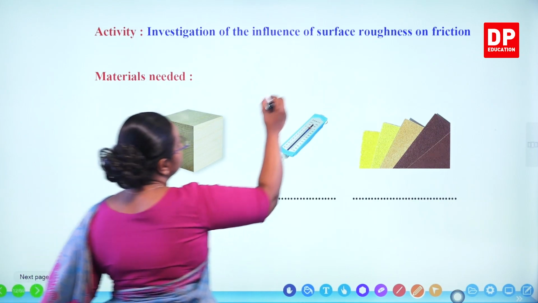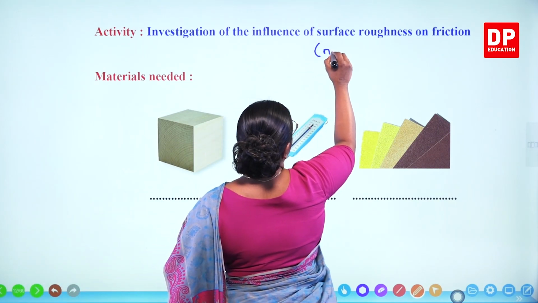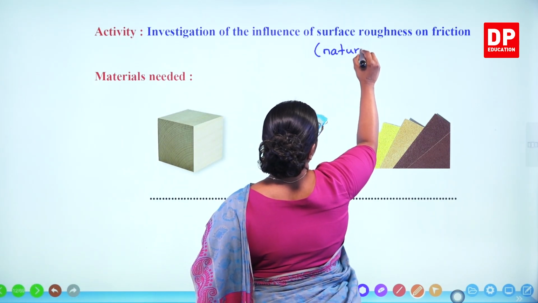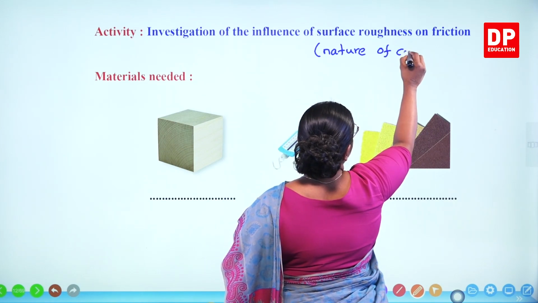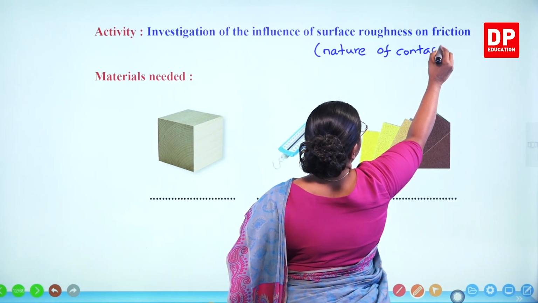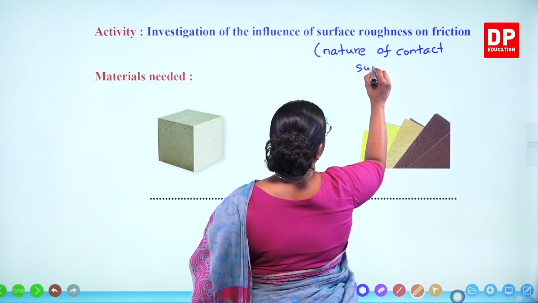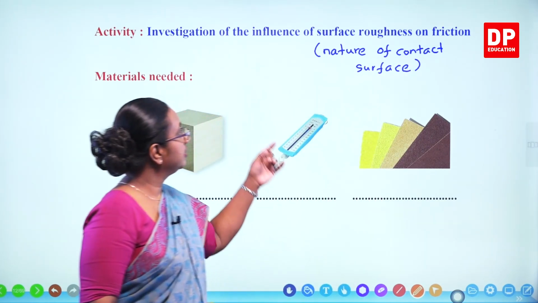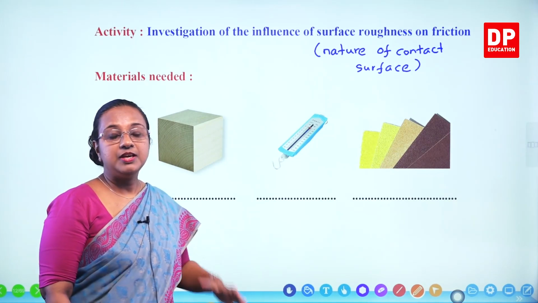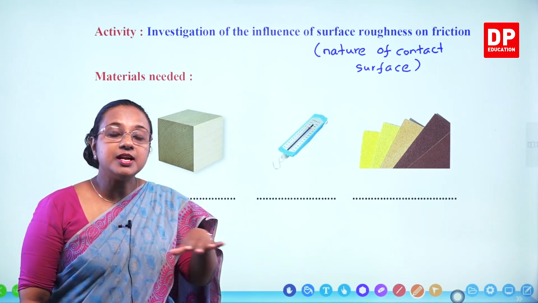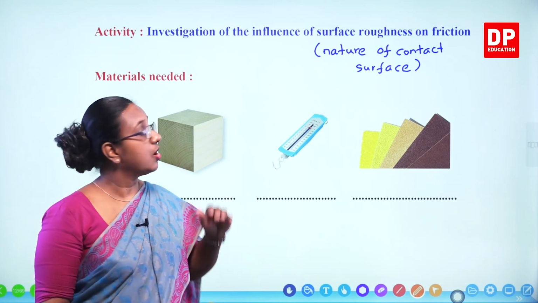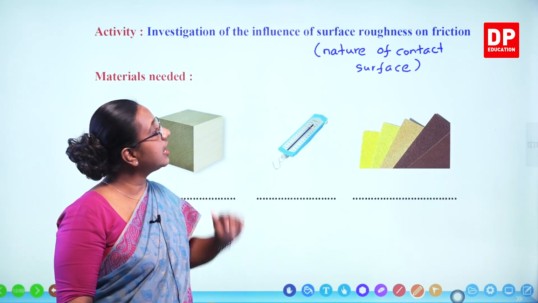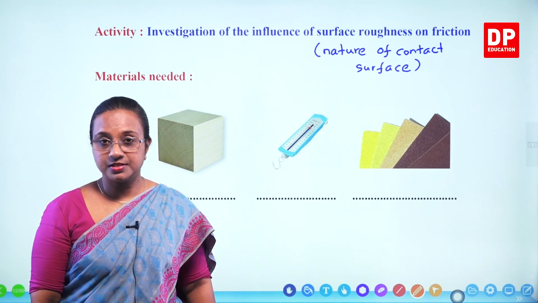This is where we talk about nature of contact surface. So to observe this effect, we need to have different types of surfaces or surfaces that are different in roughness.